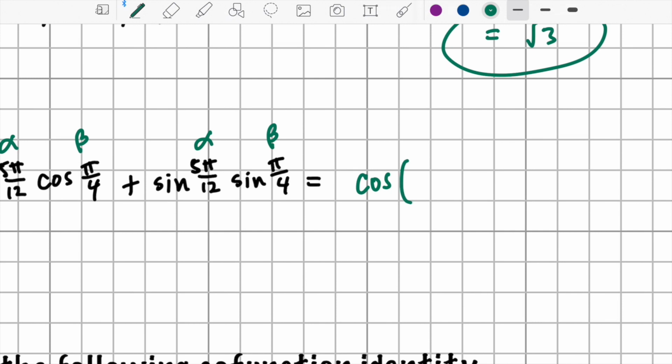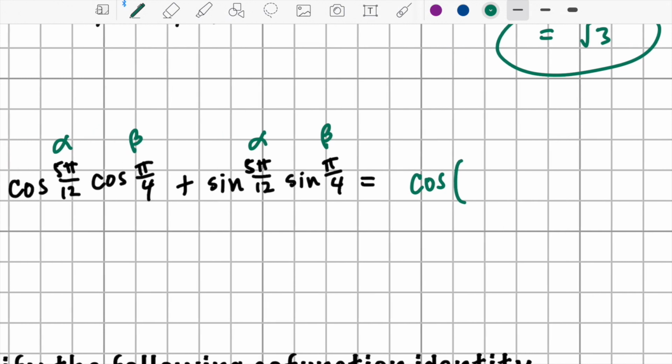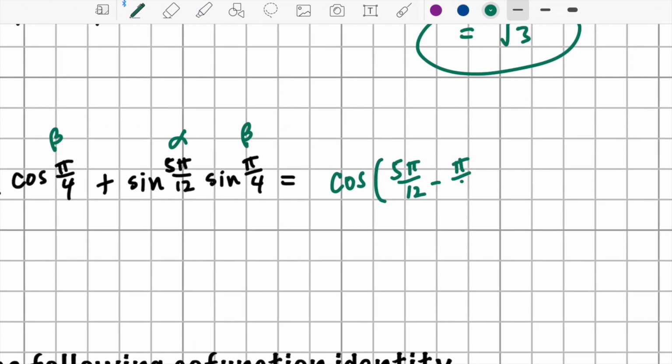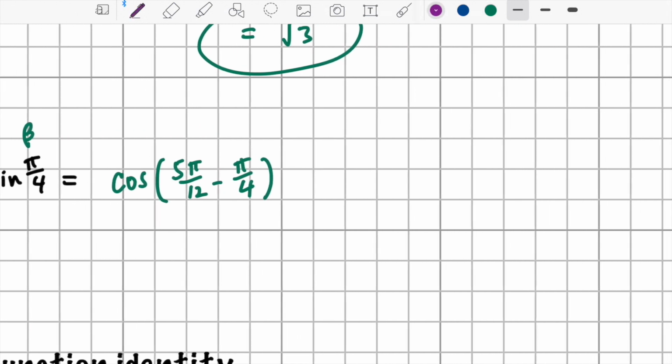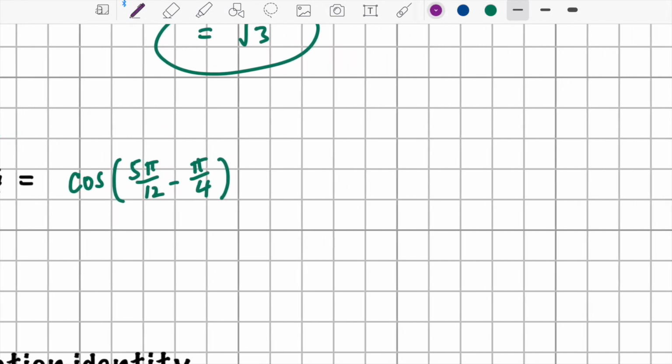So it'll look like this. Cosine of alpha, alpha is 5 pi over 12, minus beta, which is pi over 4. The next step is to simplify inside the parentheses, but we need the same denominator, so I'm going to change pi over 4. So cosine of 5 pi over 12 minus, now pi over 4 is the same thing as 3 pi over 12.